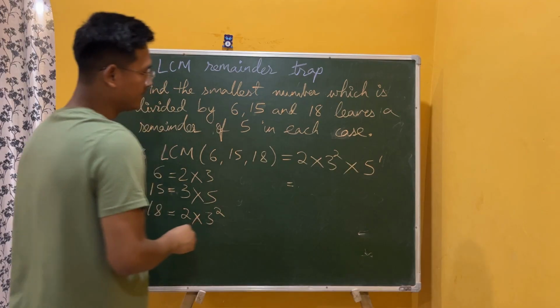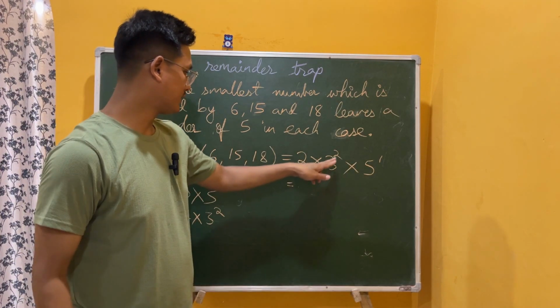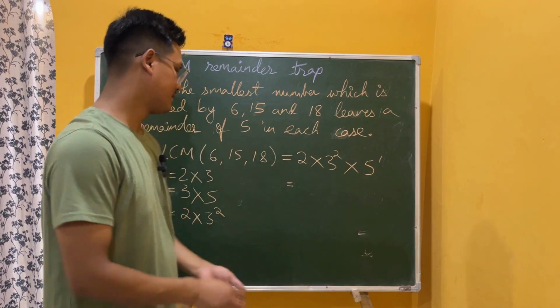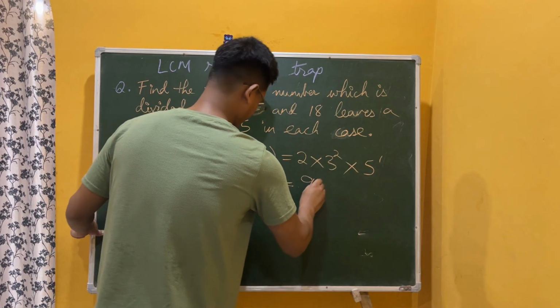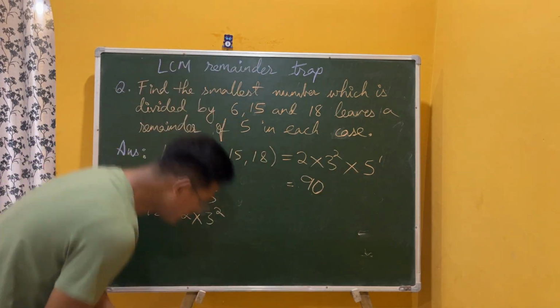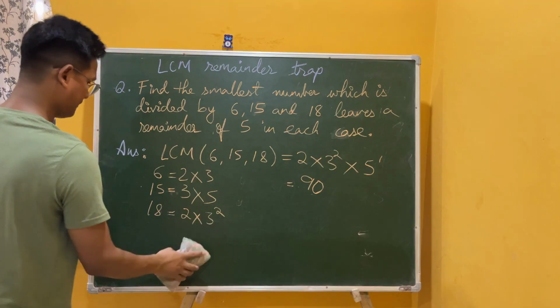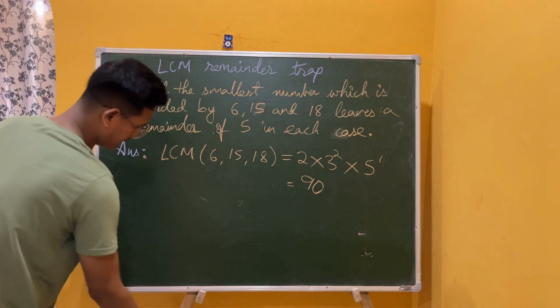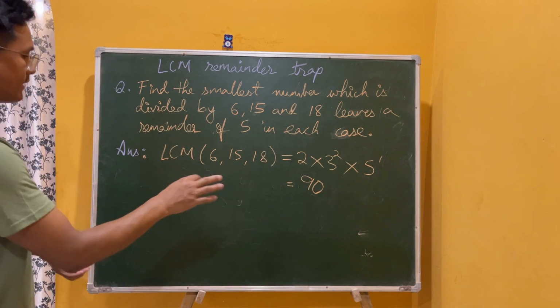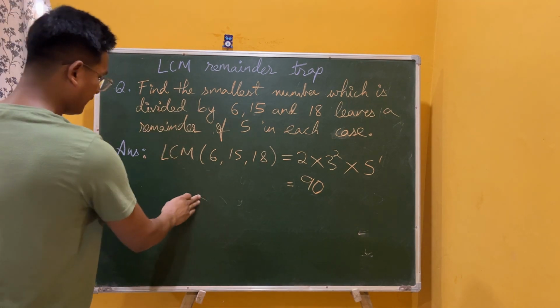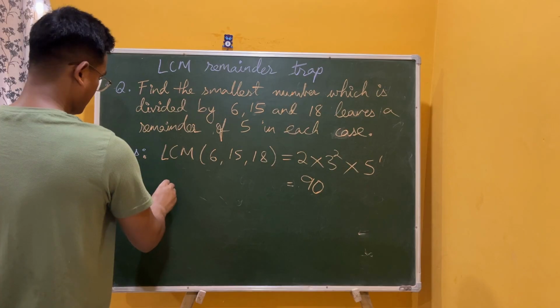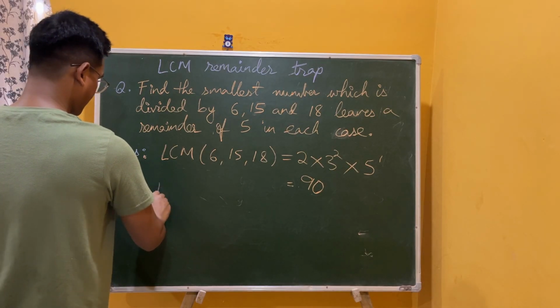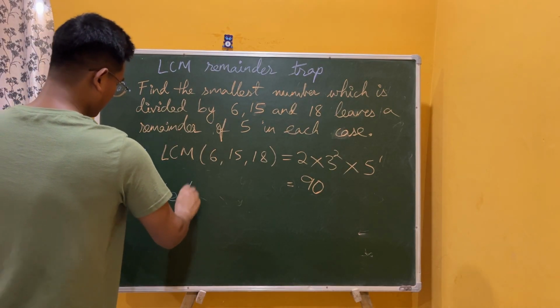So what is the answer? It's 3 3s are 9, 2 5s are 10. So answer is 90. So 90 is the LCM of 6, 15 and 18. But this is not the answer. The final answer is, next step you'll have to do.